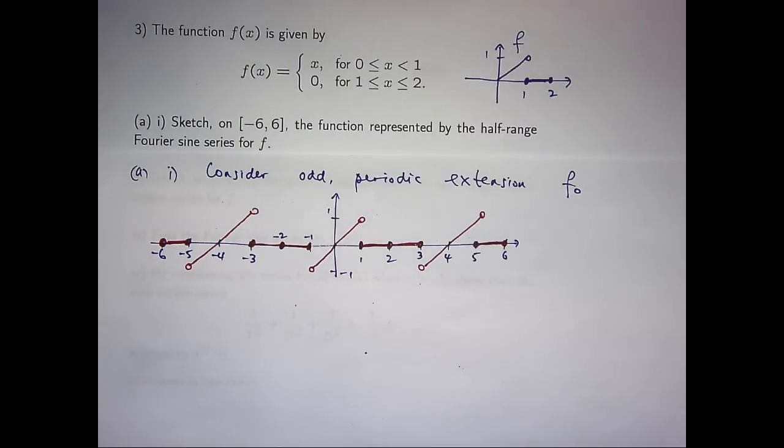Now, the question actually doesn't ask for that, but I find it instructive to make a quick sketch of the odd periodic extension, because from that graph we can easily sketch the half-range Fourier sine series.